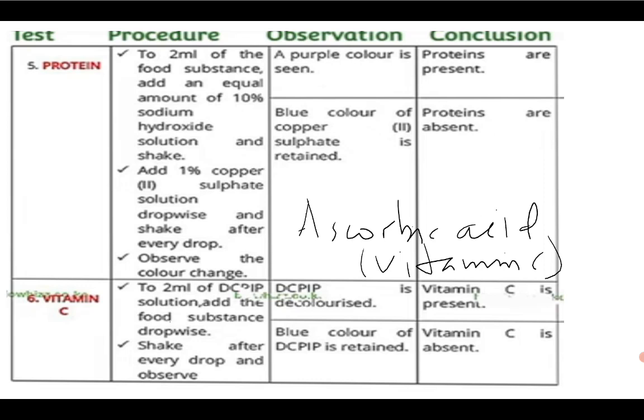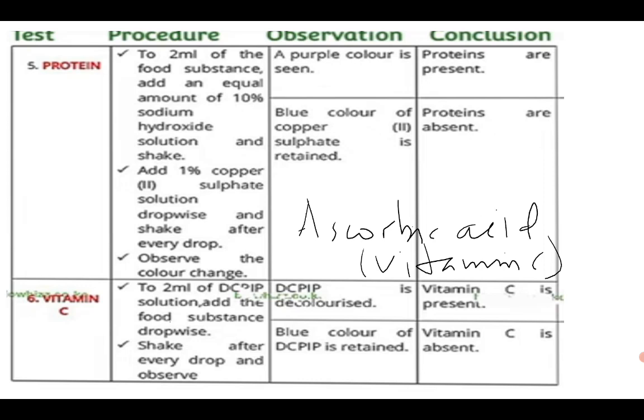So the procedure is a simple one. Take 2 ml of a chemical which is called the DCPIP solution. You add the food substances drop-wise.